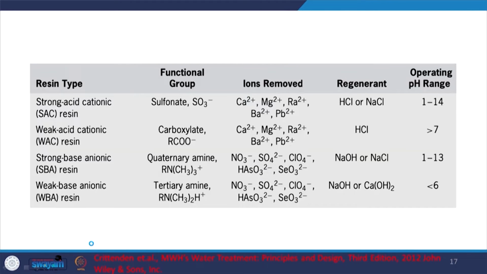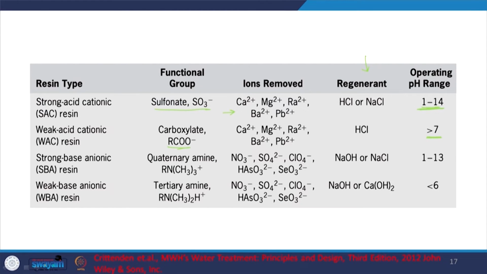So, let us just summarize this. Strong acid cationic resin, typically sulfonates, relatively low pKa. That is why the operating range is pretty much starting from pH 1, greater than 1, let us say. And regenerant, we will come back to this. We want to regenerate it, that is a relevant aspect too. Then the type of ions it can remove. And weak acid resin, carboxylate, as you can see, is operational only beyond its pKa.